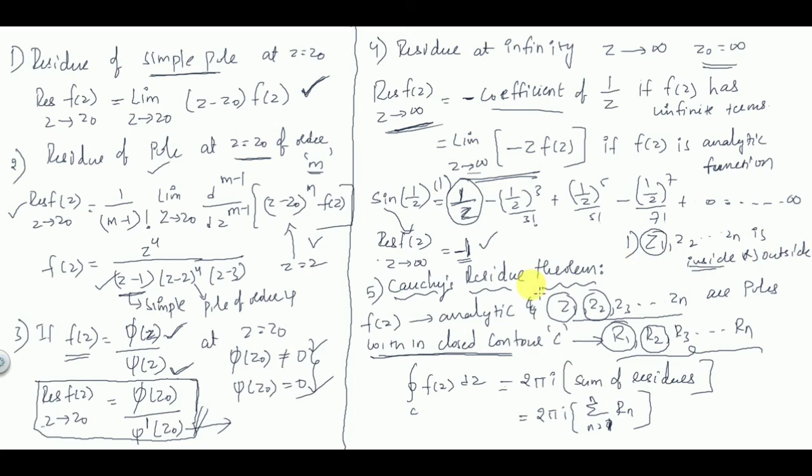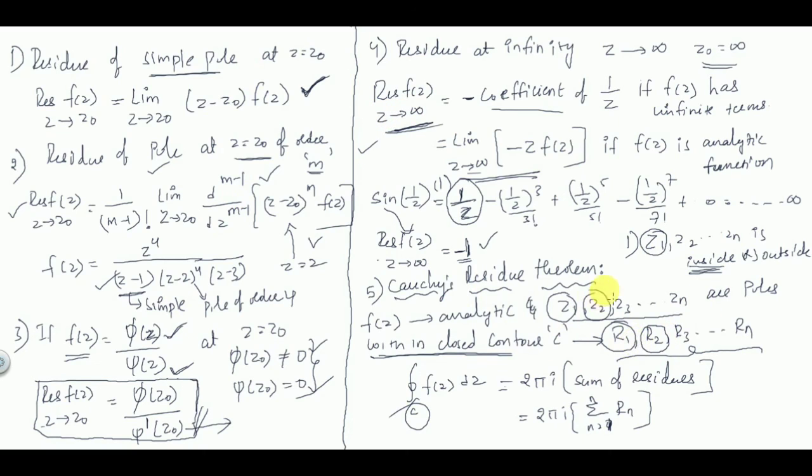If any pole is inside the contour, then calculate the residue using any one of the first four formulas. Calculate the residue only when the pole is inside the given contour C.